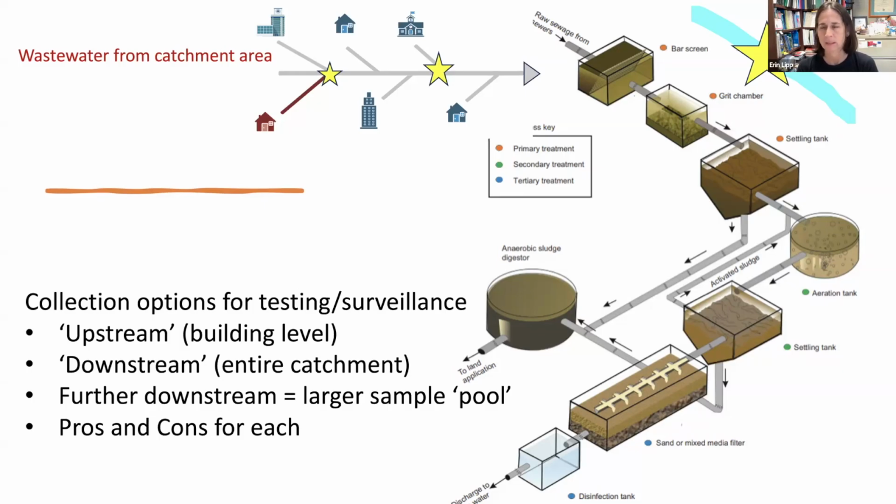By the time you get into secondary treatment and biological treatment, you're going to have lost a lot of your pathogens and chemicals. So the idea when you're looking at a whole community is you're really getting as close to that source where it comes in as possible. And again, there are pros and cons for what type of sample you may choose to do, and it's going to tell you different information.